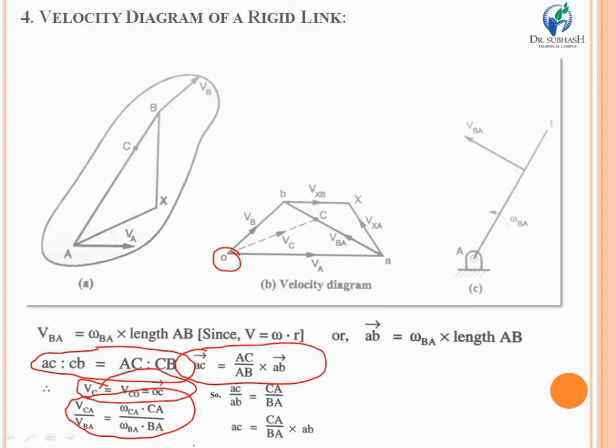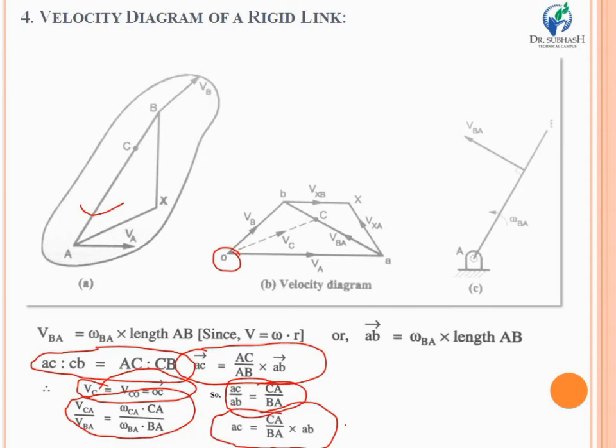So ultimately we have the velocity ratio of point C with respect to point B, that means VCA and VBA. Now similarly you can have the ratio between points B and C like AC upon AB is equal to ca upon ba. That means this ratio is taken from the link and from the vector triangle. So you can write the relation AC upon AB is equal to ca upon ba. Converting this relation in terms of AC, you will have ca upon ba into AB.